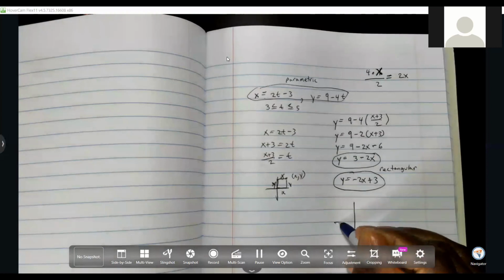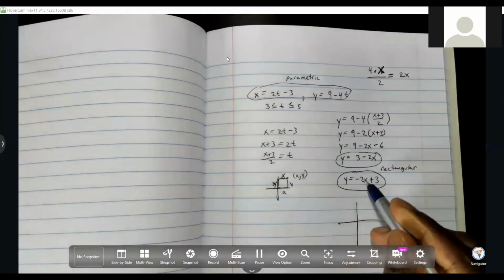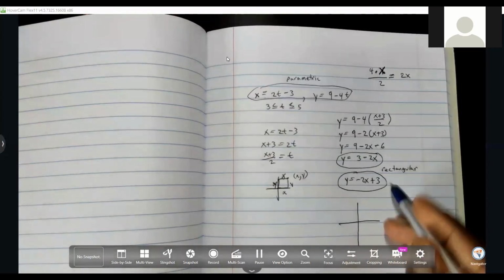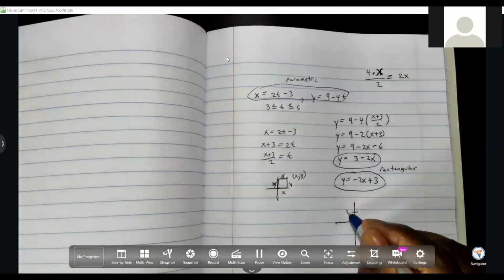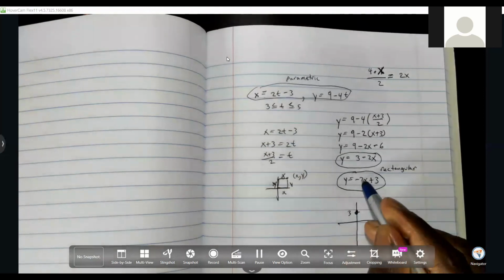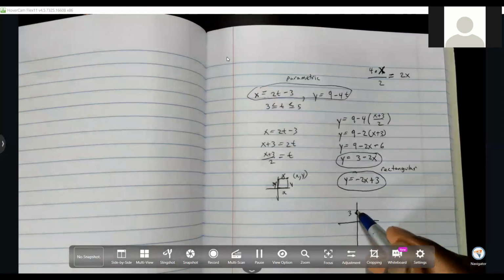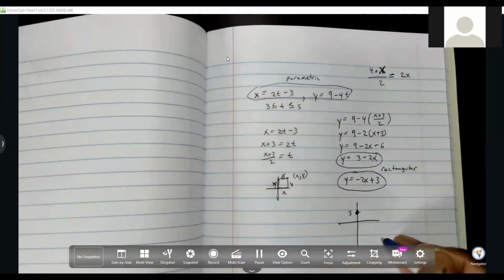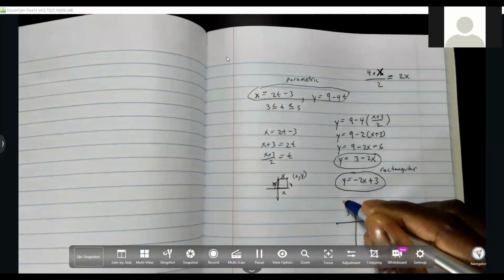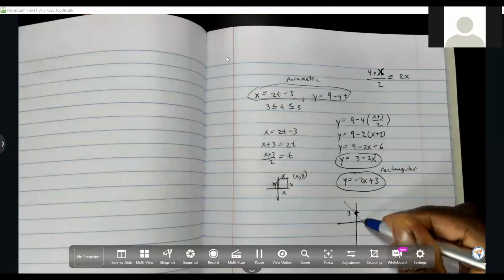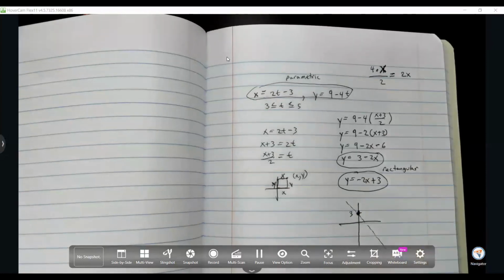So if we were to graph this, we could say, okay, the y-intercept is 3. The slope is -2, which means that we would go down 2, right 1, down 2, right 1, down 2, right 1. Does that make sense to you guys? Yes. Okay, so we expect that we're going to have something like that.